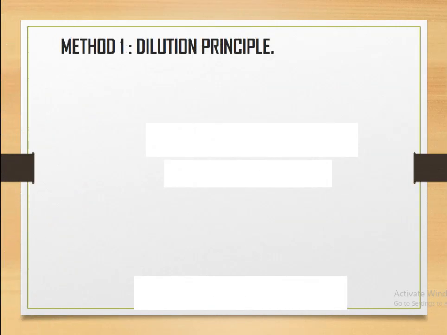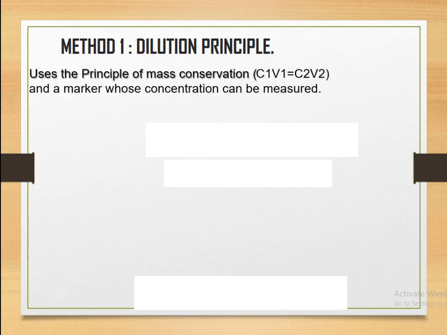The first method we can look at is the dilution principle. This principle relies on mass conservation. Remember, the law of conservation of mass states that mass cannot be created or destroyed.